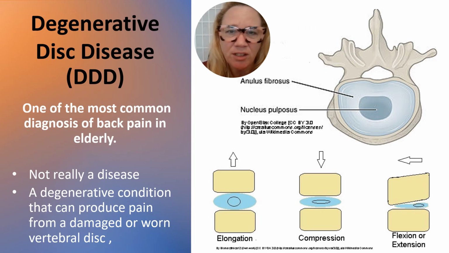Degenerative disc disease is one of the top 3 diagnosed conditions of the spine for geriatrics. It's also referred to as DDD. It's not really a disease. It's simply another umbrella term to explain degenerative conditions that can produce pain from a damaged or worn vertebral disc.